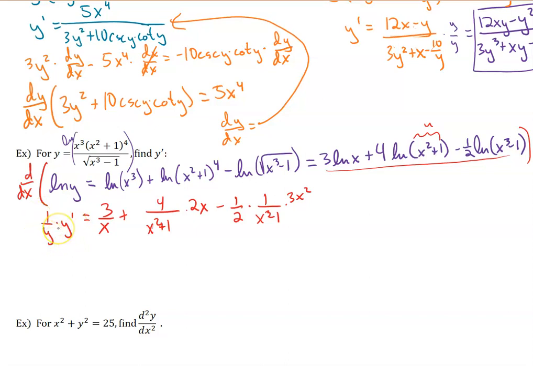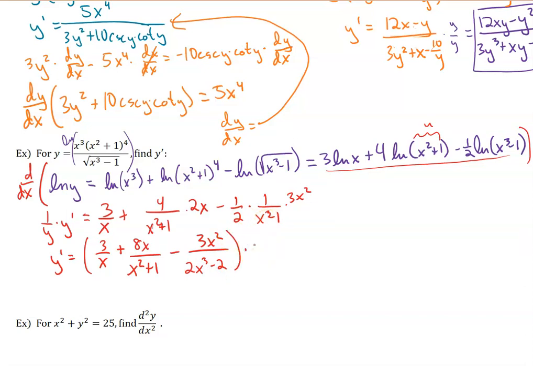So I'm going to multiply both sides of the equation by y and write this as y prime equals, and I'm not going to distribute because that would be messy, so I'm going to write this as 3 over x plus, multiplying those, 8x over x squared plus 1 minus 3x squared over 2x cubed minus 2, distributing down there. And then that whole thing is times y.